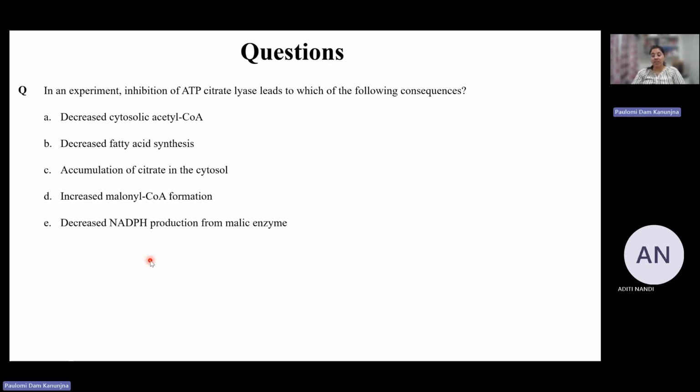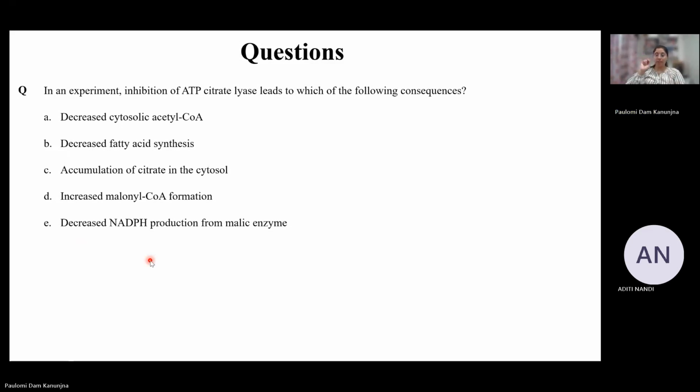So let me tell you again what citrate lyase does. Acetyl coenzyme A moves from the mitochondria to the cytosol via combining with oxaloacetate to form citrate. So acetyl coenzyme A plus oxaloacetate in the mitochondria forms citrate. This citrate moves to the cytosol. In the cytosol, citrate is acted upon by ATP citrate lyase, which gives it again into the two forms, acetyl coenzyme A and oxaloacetate.